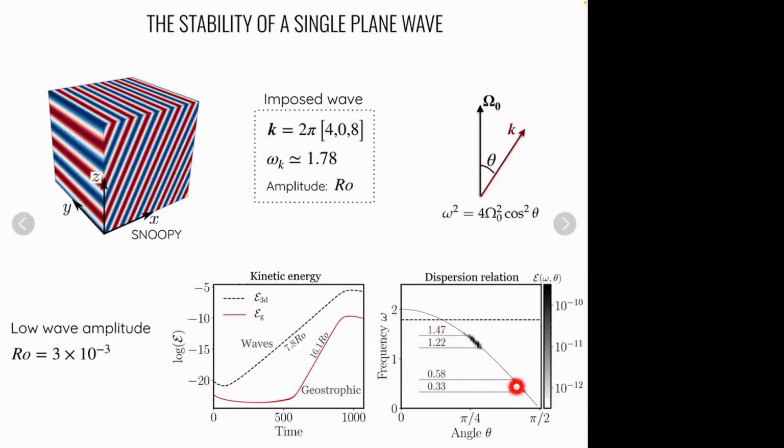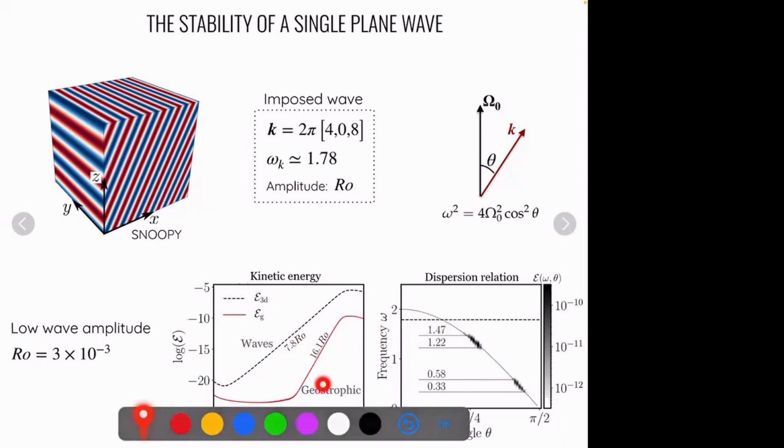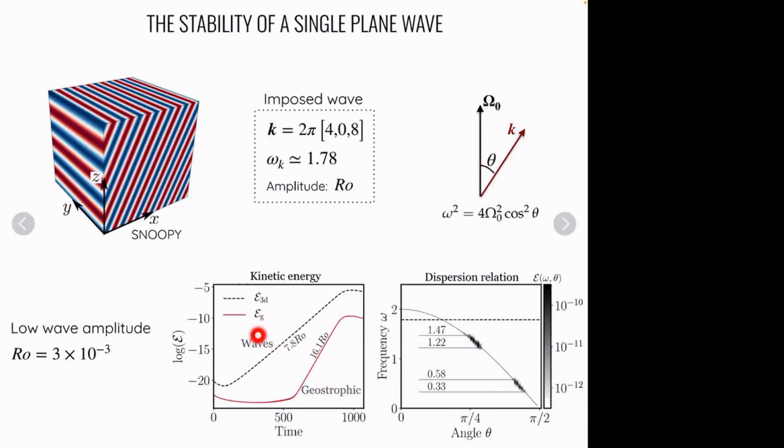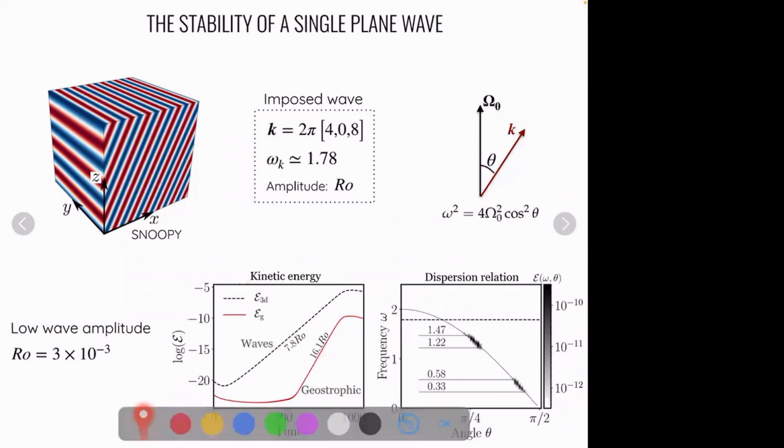If you sum the energy of this patch and this patch, you get the energy of the resonant wave. So what we see here is, again, a triadic resonance of two daughter waves that is excited by the primary wave. And geostrophic modes are not unstable here. They're just directly forced by the growing waves, but they are not unstable themselves.